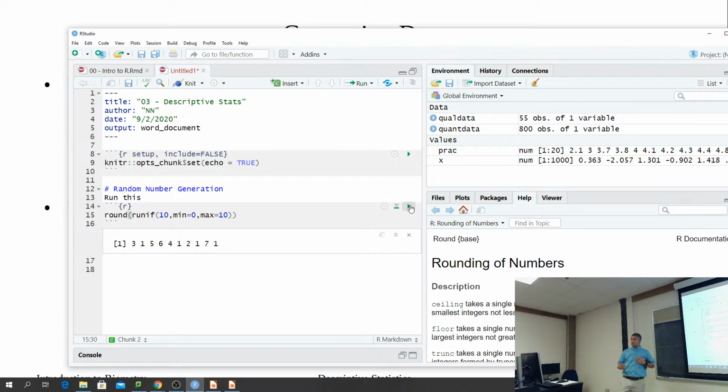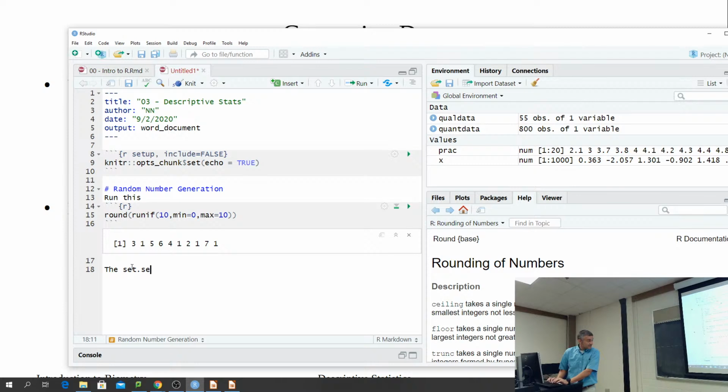Because when we generate random numbers in this class, for walking through demonstrations and the presentations, we want to ensure that everyone has the exact same numbers. So when you run it at home, you're getting the exact same graphs, the exact same stats, everything. To do that, we are going to use the set.seed function.